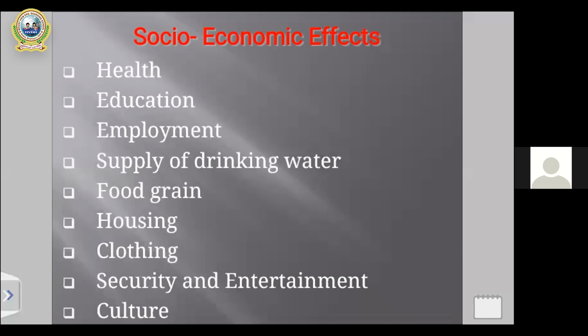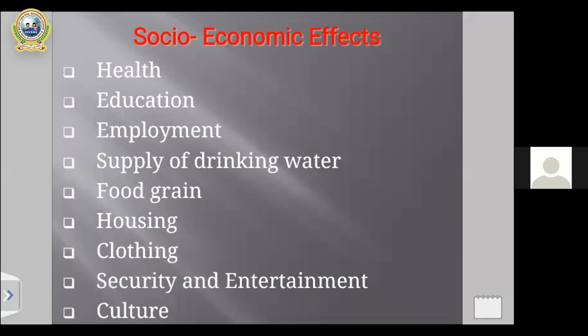Next, supply of drinking water, food grains, housing, clothing, security, entertainment, and culture are some of the major socio-economic effects due to rapid population growth in a certain place or area.